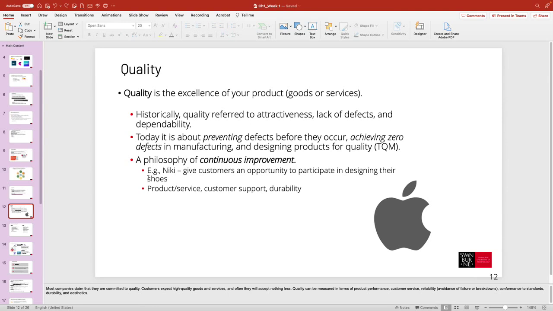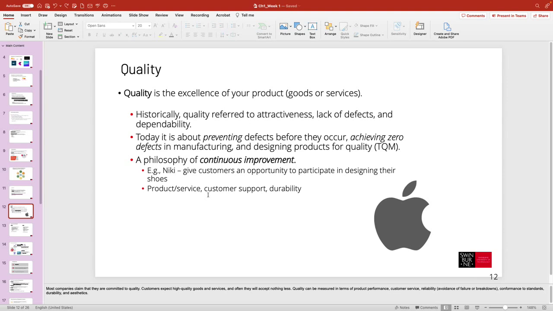A lot of total quality management activities are happening in organizations, and they have a lot of quality control mechanisms. Again, they use innovative mechanisms to control their quality as well. And it's about continuous improvement. And I've given you some examples here. Nike gives customers an opportunity to participate in designing their shoes.